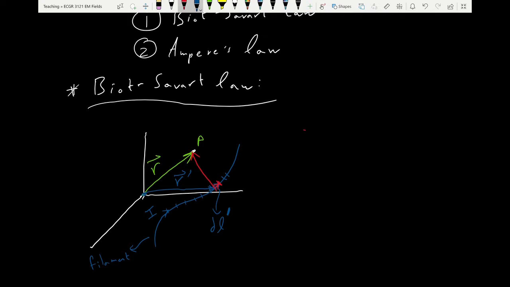And then the distance from the source element of the magnetic field to the point in space I'm interested in calculating the magnetic field at is going to be the vector R, capital R. And again, as usual, the magnitude R is the magnitude of the vector, right? And the vector R, from inspection, is going to be r minus r prime.